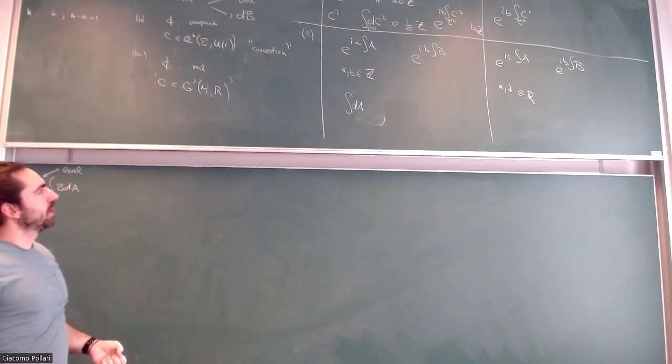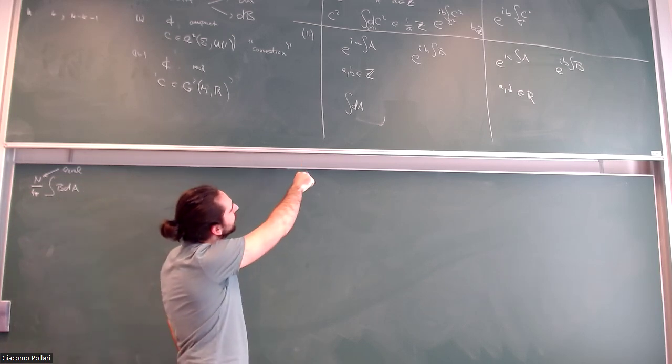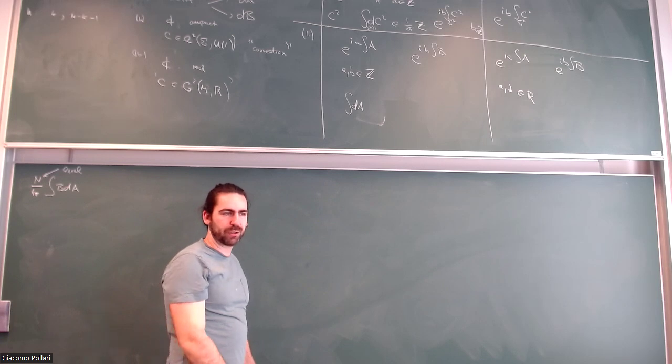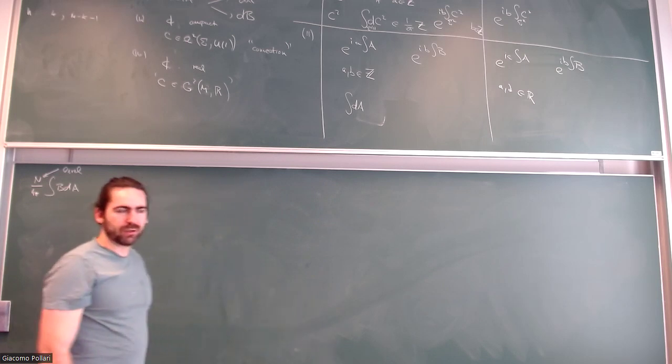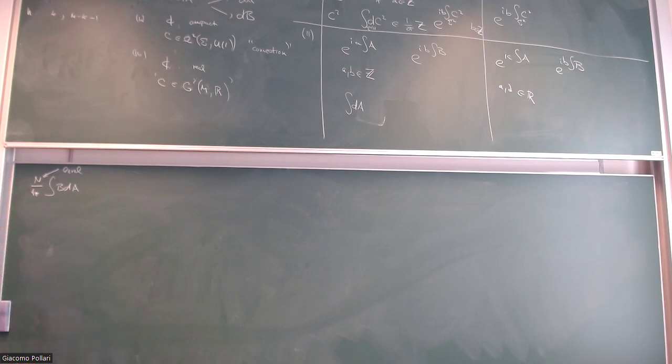Okay, so let's now look at this. This prefactor is all that matters in these theories. That will decide whether they're interesting or not, at least in the compact case. In the real case, the quantization condition is not there because there are no large gauge transformations; they're just valued in R and that won't impose any condition like that.